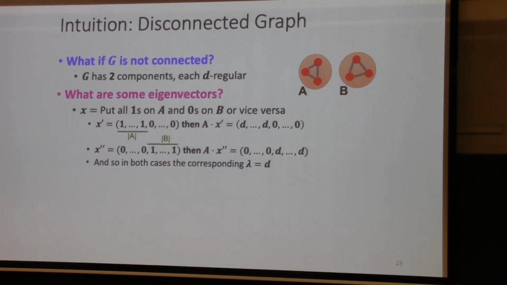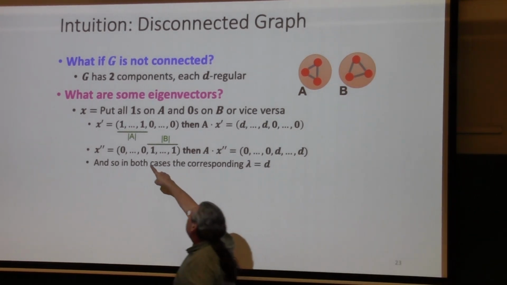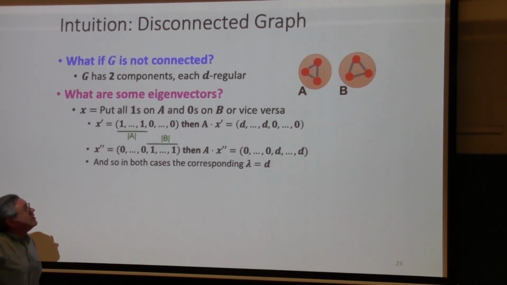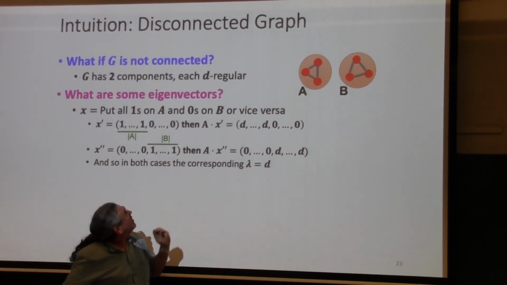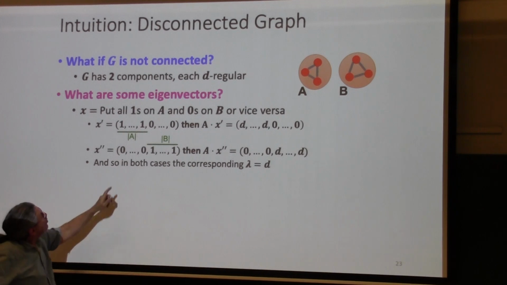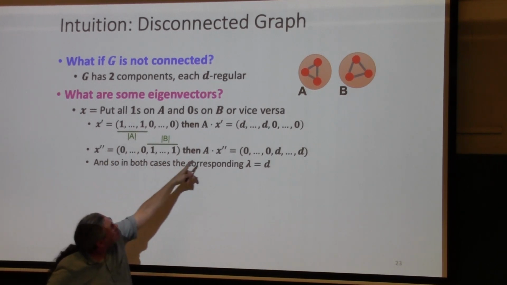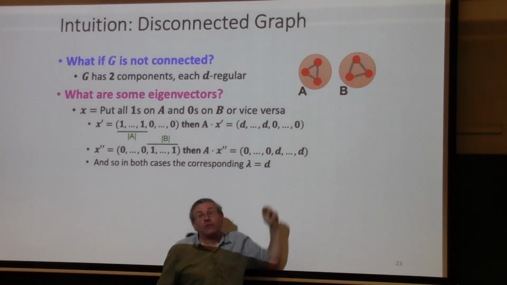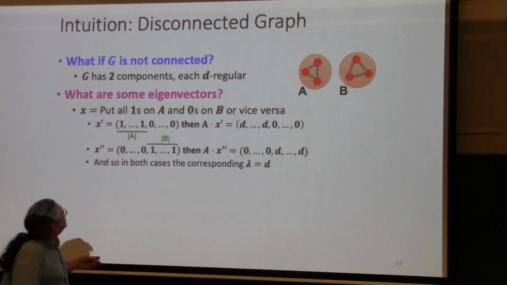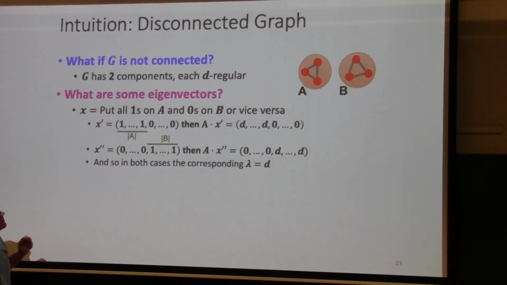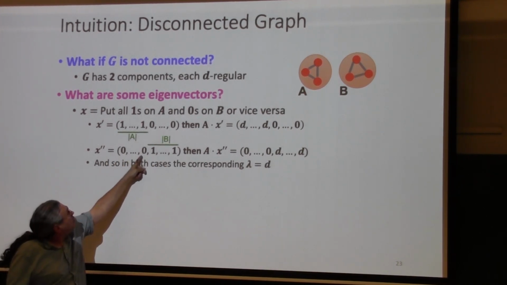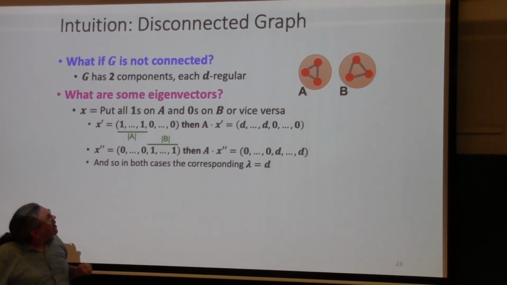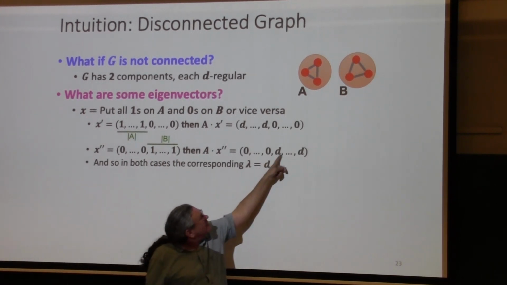If you put 1s on the A and 0s on the B, and you multiply A times this x, you add up all the degrees, so you get d with zeros. That means d is an eigenvalue. But you also have another orthogonal vector, 0s on the A and 1s on the B, and it also gives d.